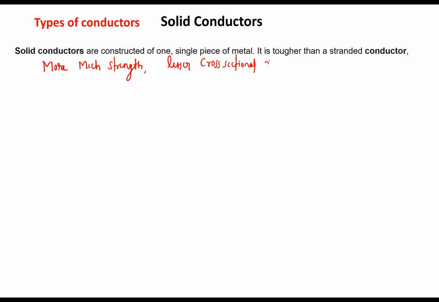That means your point of contact should be minimum. The conducting portion point of contact should be minimum. Solid conductors are used where you require more mechanical strength and where the point of contact is minimum.